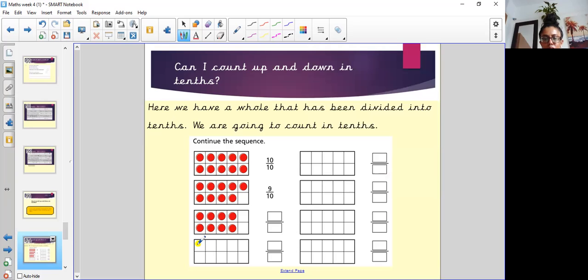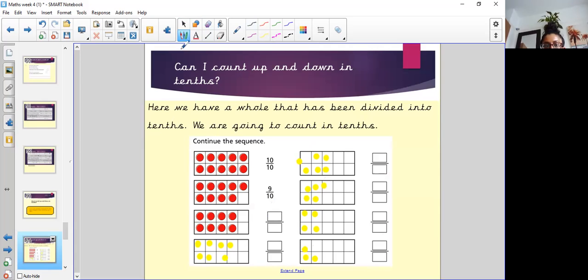So we have got 9 tenths. This would be 8 tenths, and we've got 7 tenths here. So 1, 2, 3, 4, 5, 6, 7. And here 1, 2, 3, 4, 5, 6, and 1, 2, 3, 4, 5, 1, 2, 3, 4, 1, 2, 3. So essentially we are counting in tenths here.